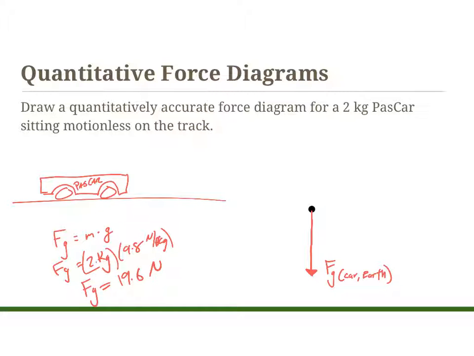And then we have to deal with the fact that there is a motionless car, and there's also a force of the track pushing up on the car, which we refer to as a normal force. So I'm going to draw the normal force acting on the car by the track. And if the force of gravity was equal to 19.6 newtons, the normal force also has to be equal to 19.6 newtons.